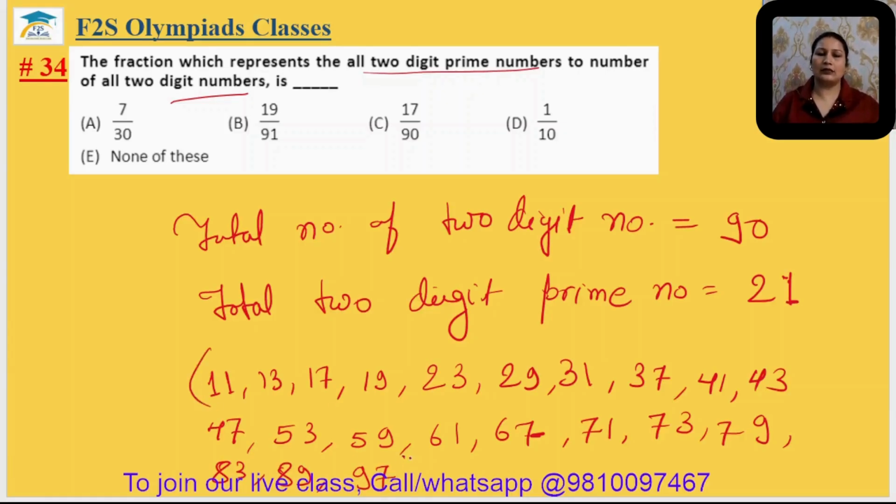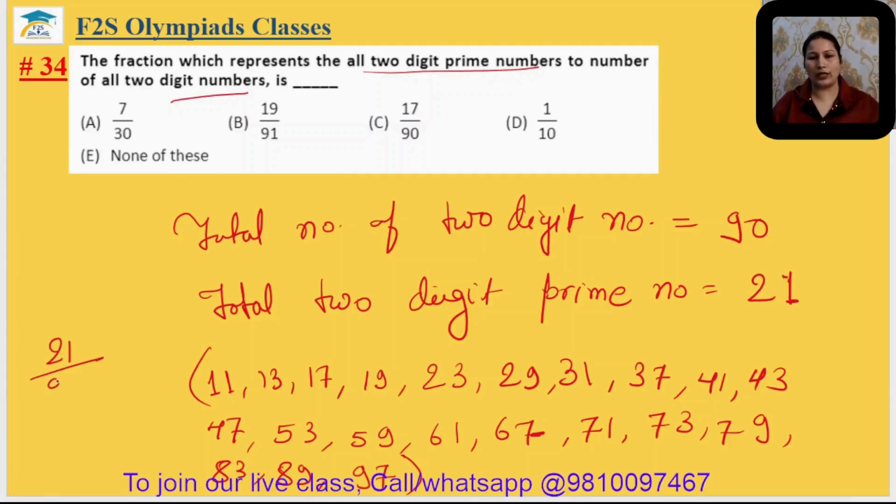These are the prime numbers having two digits. So we just have to write the fraction. The fraction should be 21 upon 90. Simplify with 3. 3 sevens are 21, 3 thirties are 90. This implies 7 by 30. Option A. The 34th answer is option A.